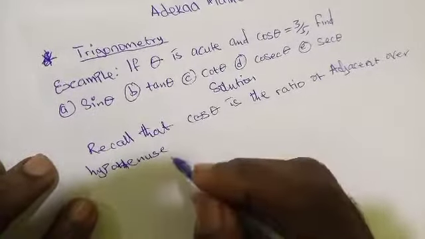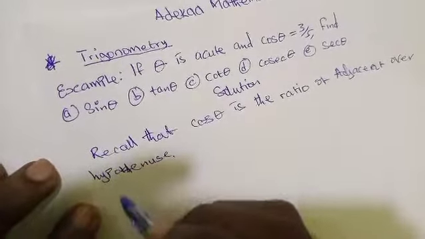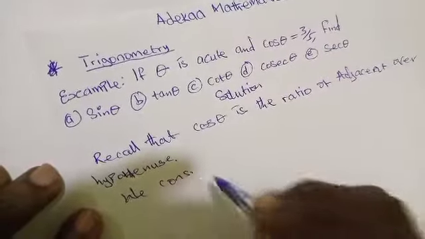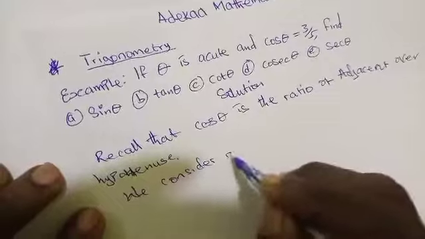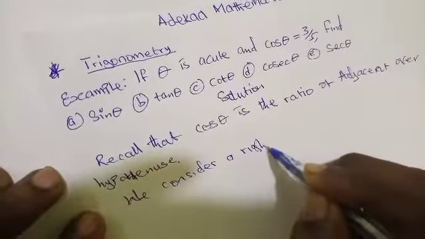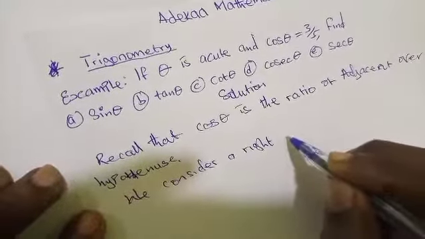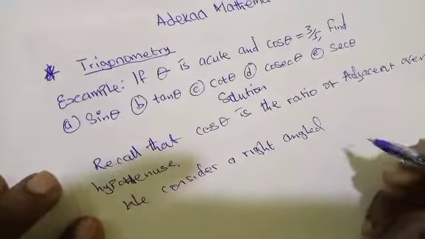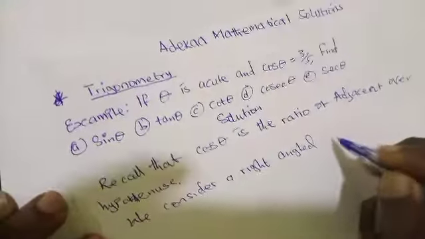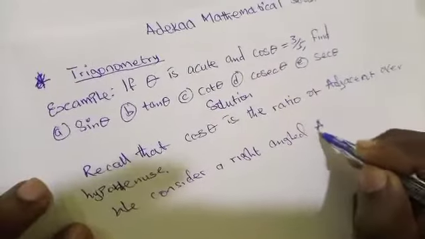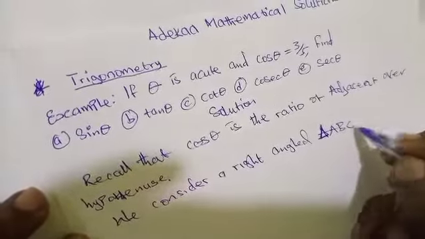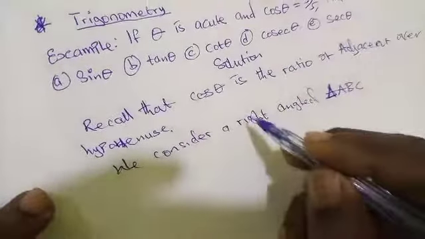So now we consider a right angle triangle ABC.